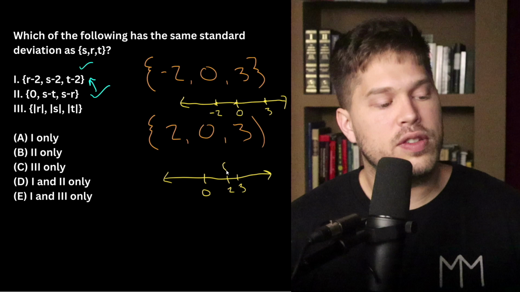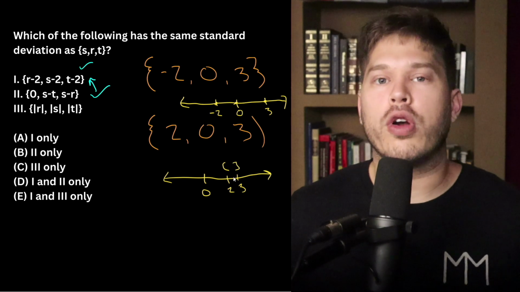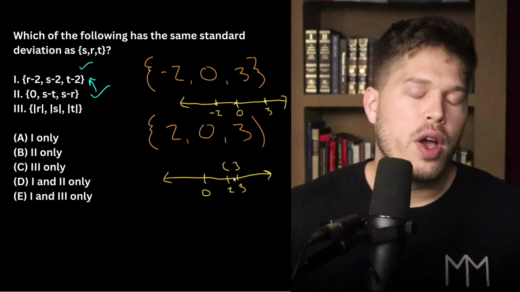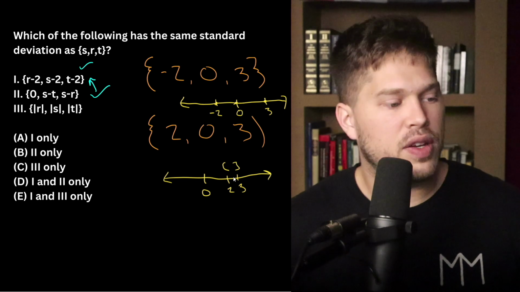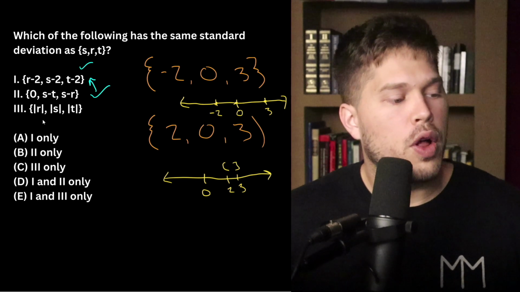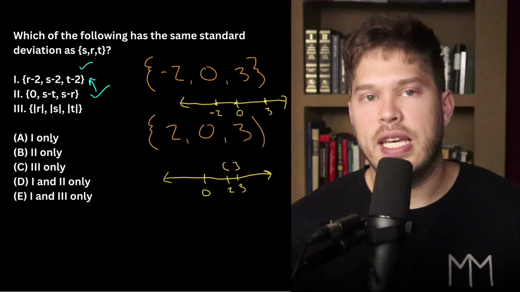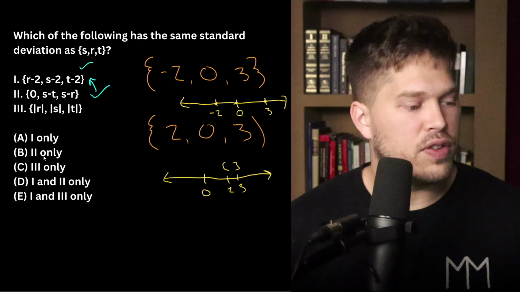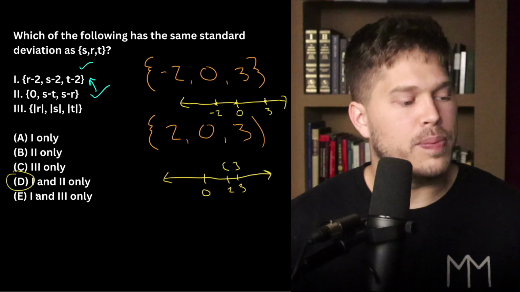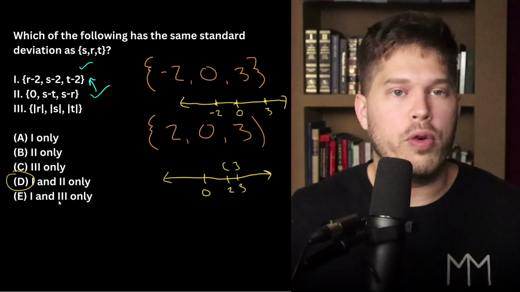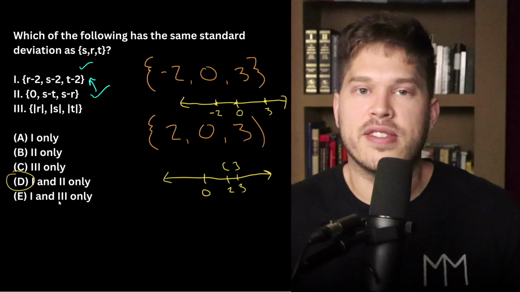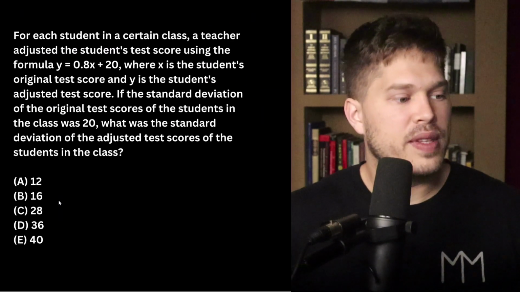Notice with these two values now more closely lumped together, we're going to have a different standard deviation. And so 3 will not keep our same standard deviation. And so our answer is going to be answer choice D. Only options 1 and 2 will keep the same standard deviation.